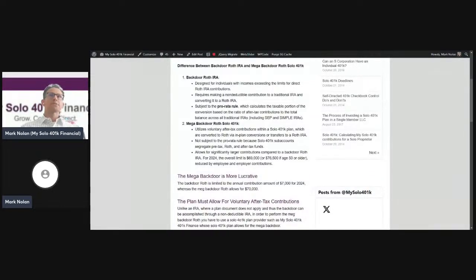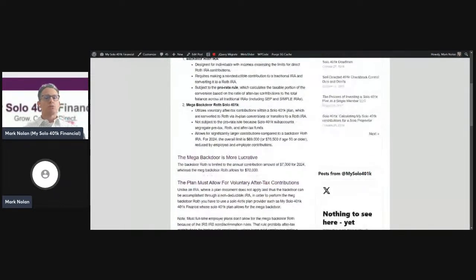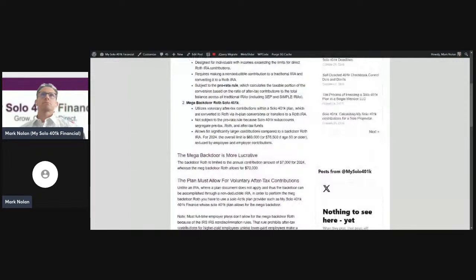Now let's start talking about the mega backdoor Roth. With the mega backdoor Roth, in the context of a 401k, we're going to hone in on a solo 401k here. You make the voluntary after-tax contribution to the solo 401k bank account or brokerage account that's specific for holding those voluntary after-tax contributions.